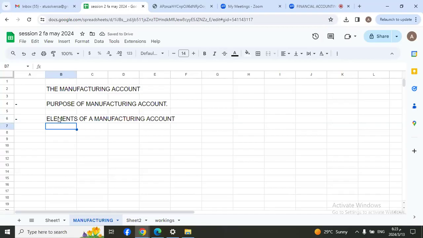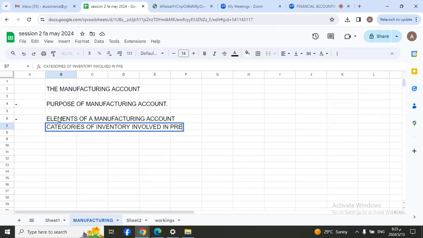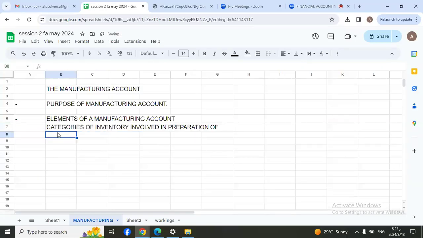And from here, we are going to look at categories of inventory involved in preparation of a manufacturing account.